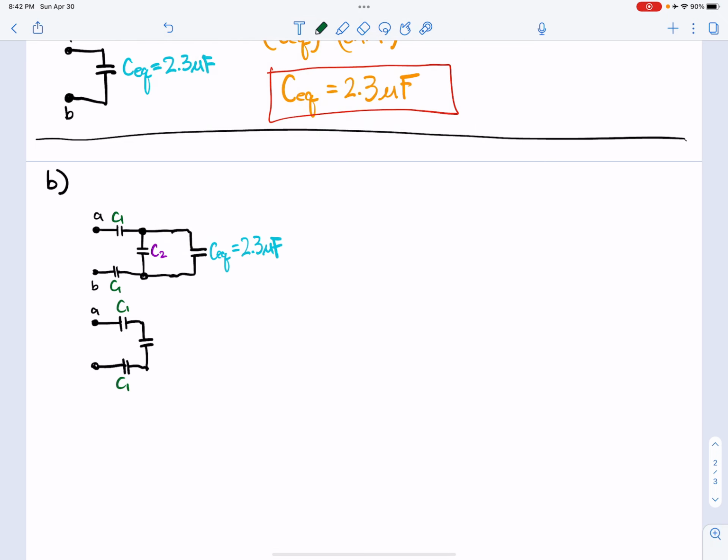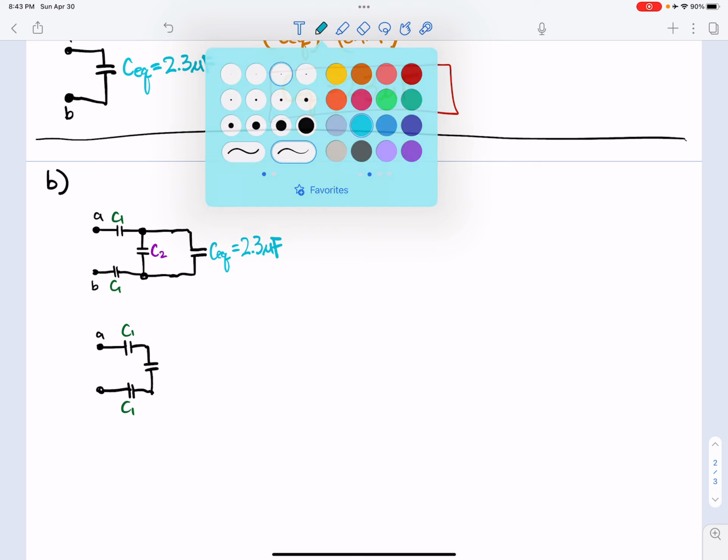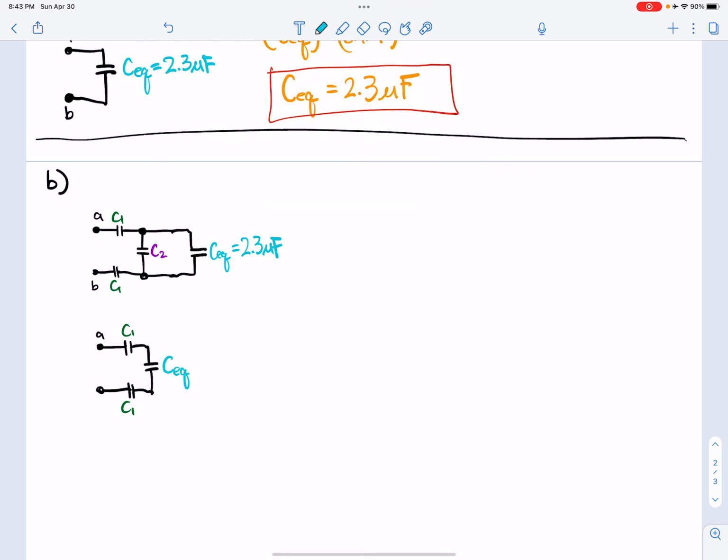This would also still be C1. Lower that a little bit. And then this would be C equivalent right here. Okay, I'm going to find out what that is.